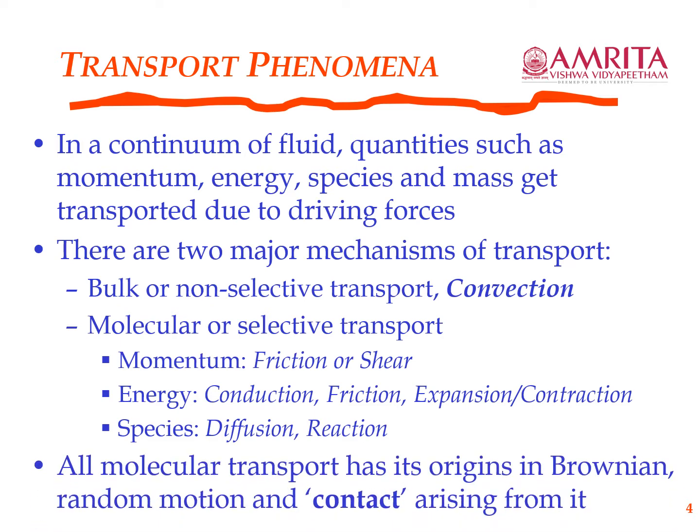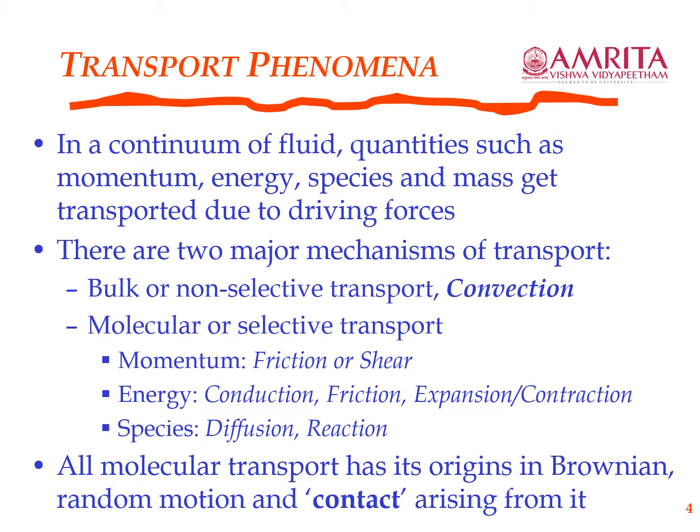All molecular transport has its origins in Brownian or random motion, and the contact, quote unquote, contact arising from it. And what do I mean by contact? For example, if I were to appeal to what you probably heard in school, when you were told the difference between energy transport or heat transport by conduction versus convection.